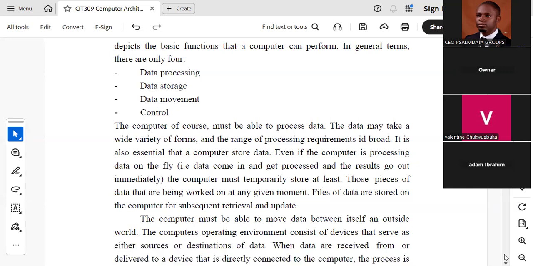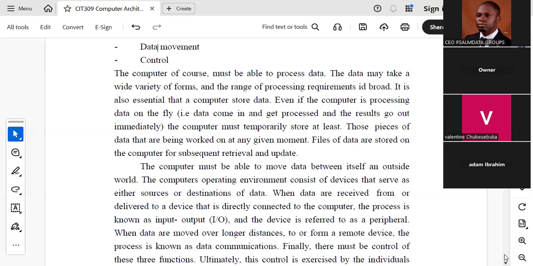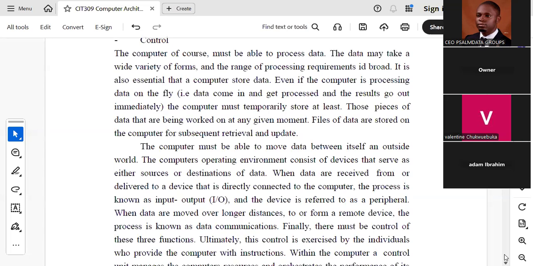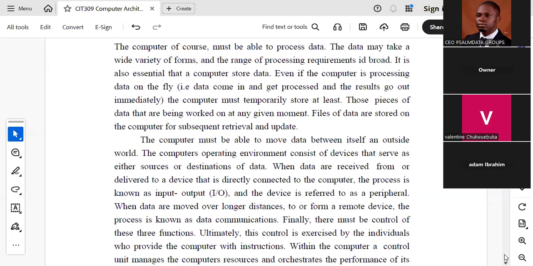Welcome back. Thank you. So we have seen what it means for a computer to process. We have seen the one for storage. Under that processing, we mentioned something notable: computer processing data on the fly.